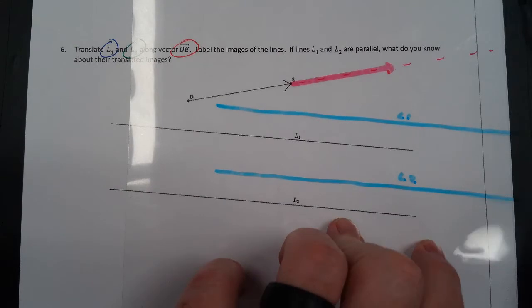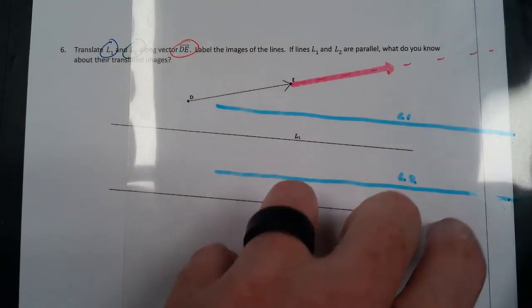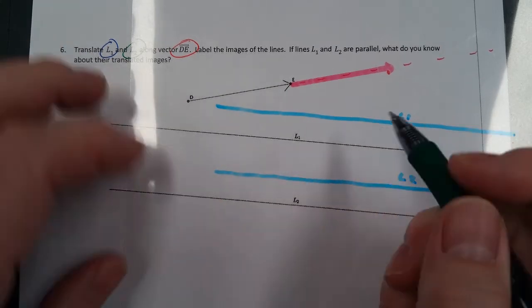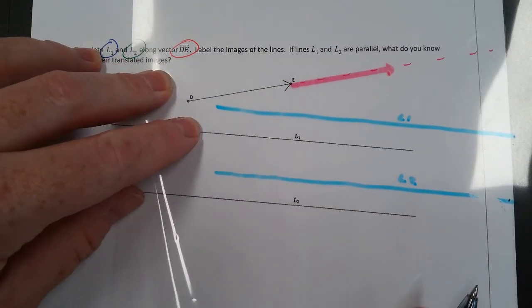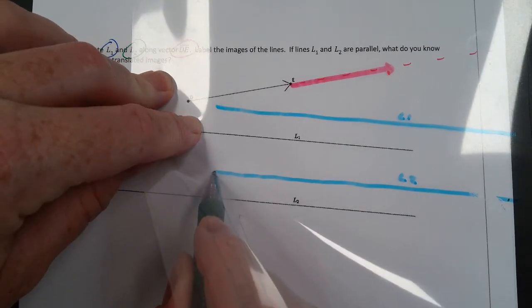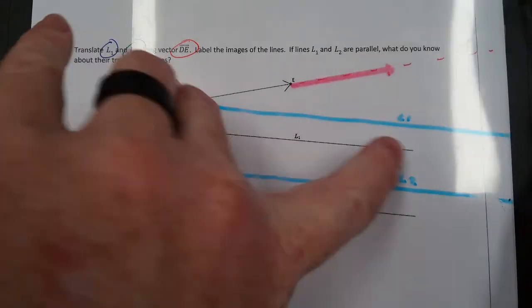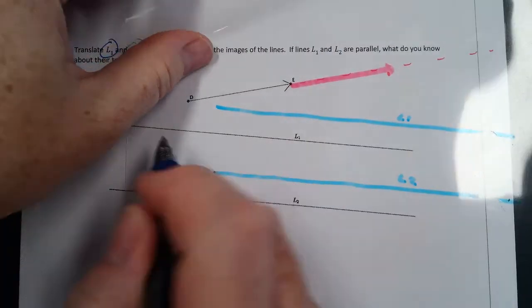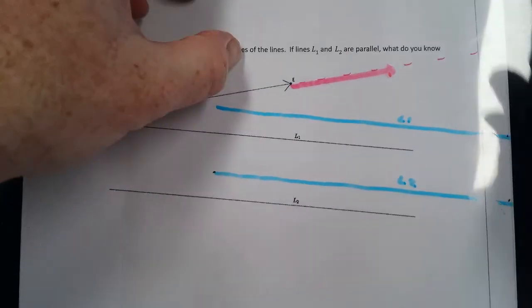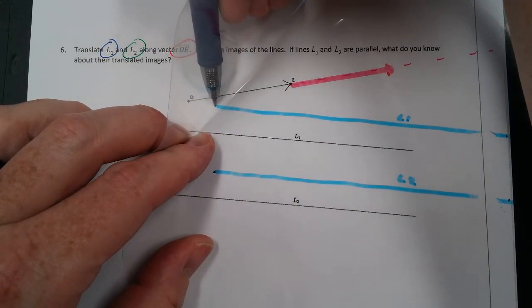Now I need to label the images. This is a little bit tricky. Let's do L1, which is going to be right there. Super tricky. Hopefully you're a little bit better than me at this.